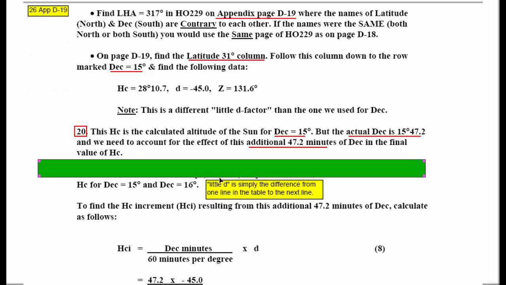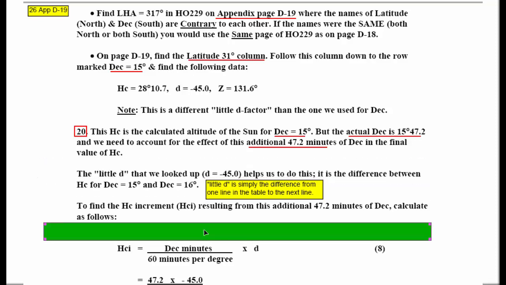Now, HC is the calculated altitude of the sun for declination equals 15 degrees, but the actual declination is 15 degrees 47.2 minutes, and we need to account for the effects of this additional 47.2 minutes of declination in the final value of HC. So we're going to do this simply by arithmetic with this interpolation factor. And as noted here in this yellow box, the little d is simply the difference from one line in the table to the next line.